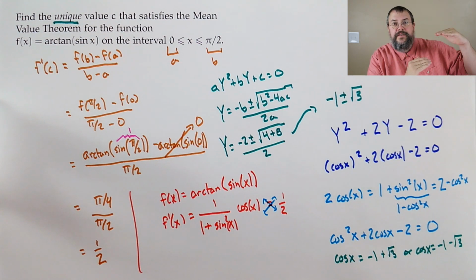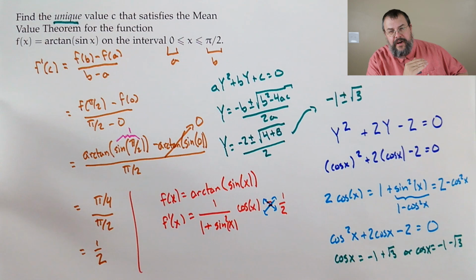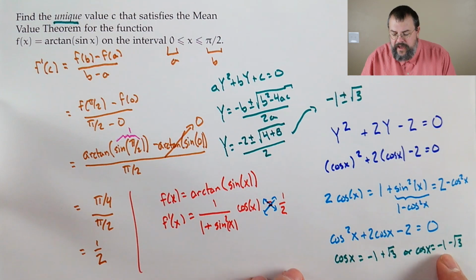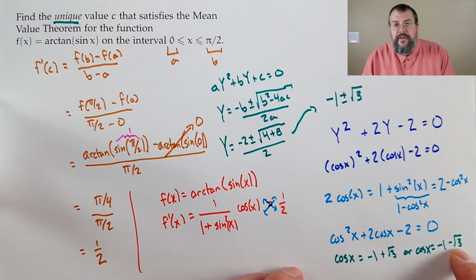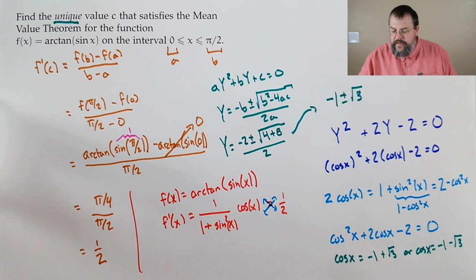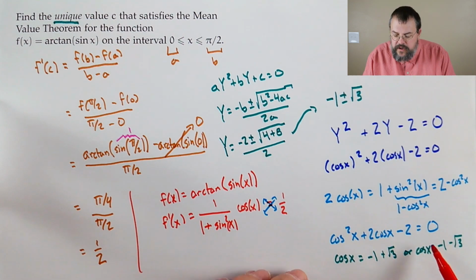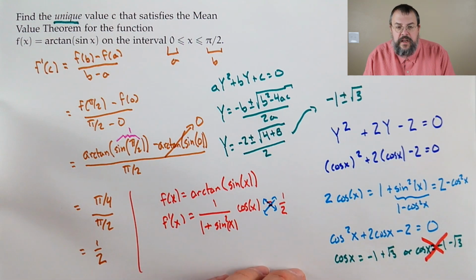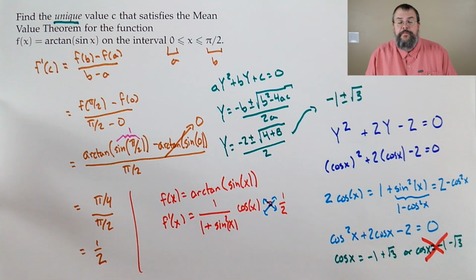Between negative 1 and positive 1. So I cannot get all the way down to minus 1 minus root 3. I can only go as far as negative 1. This value, negative 1 minus root 3, is outside of the range of cosine. And therefore, it's impossible. This can't happen. So we can eliminate that as a possibility.